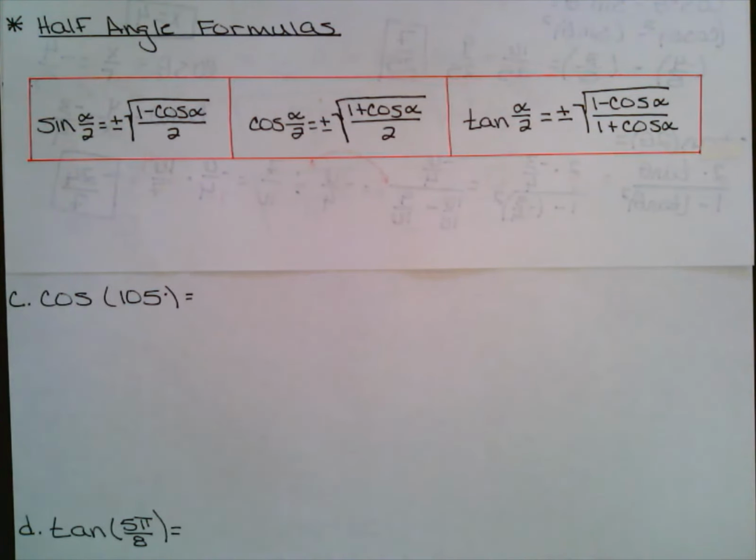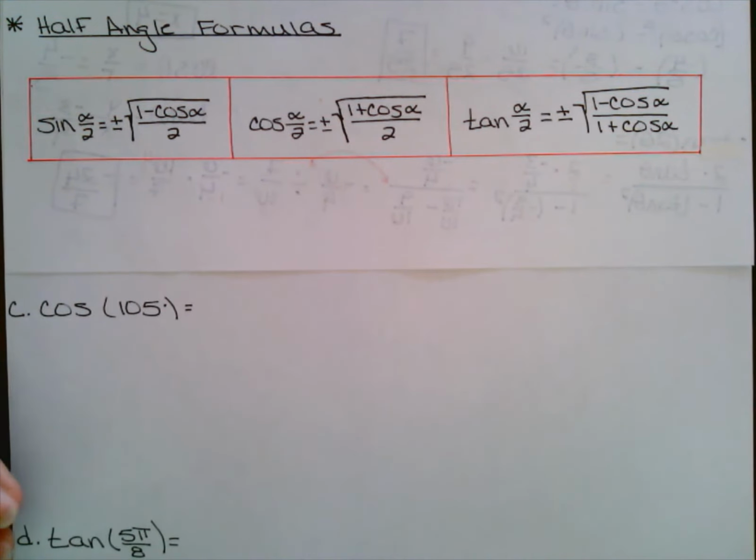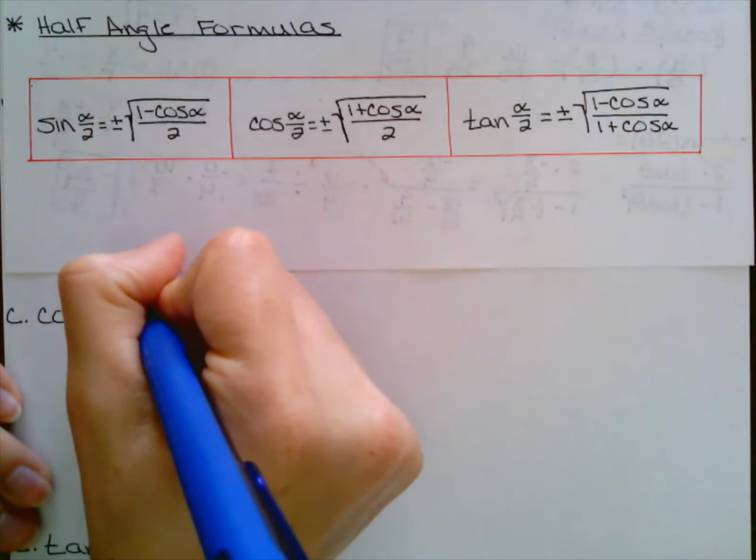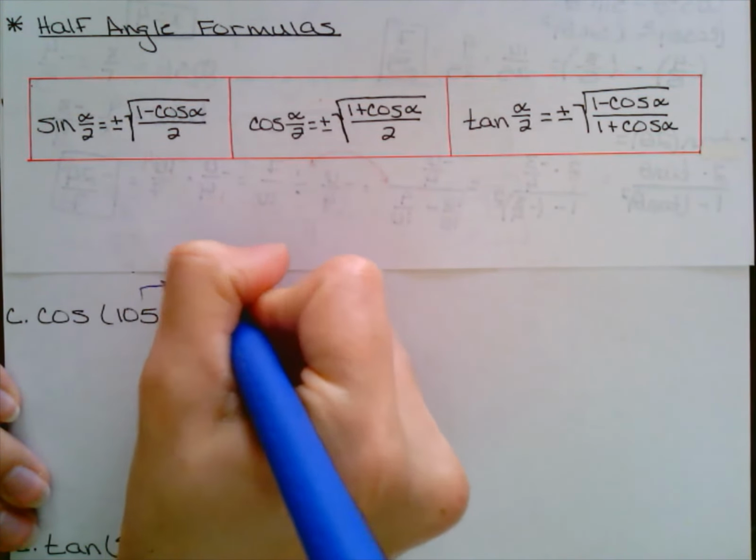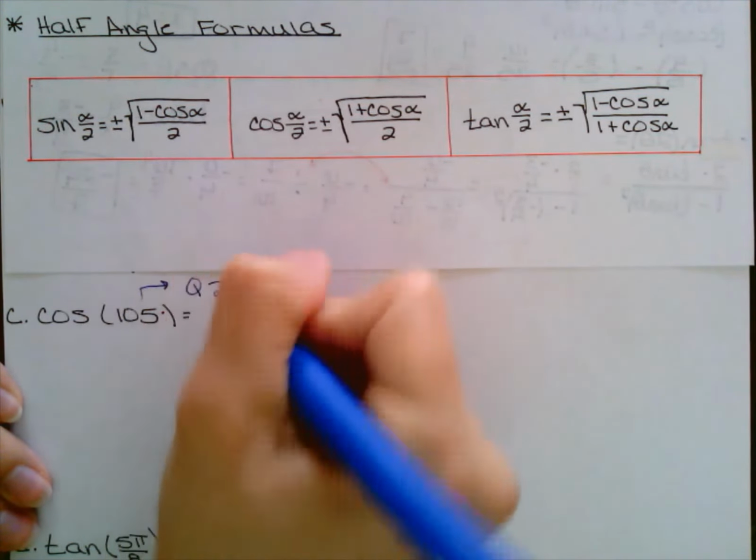Two more questions here. Let's look at cosine of 105. So 105 is not on our unit circle, but it is in between 90 degrees and 180 degrees. So we know that this lies in quadrant 2 again. Quadrant 2 is negative, positive.